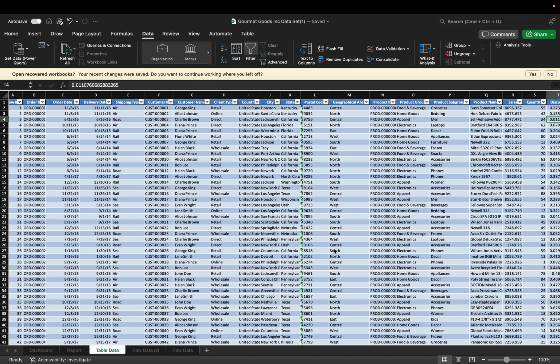Looking at the data source here, first we want to look at: is the data accurate, is the data complete? Those are the major things that I was looking for.